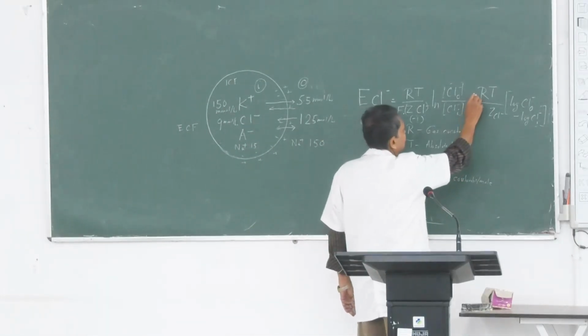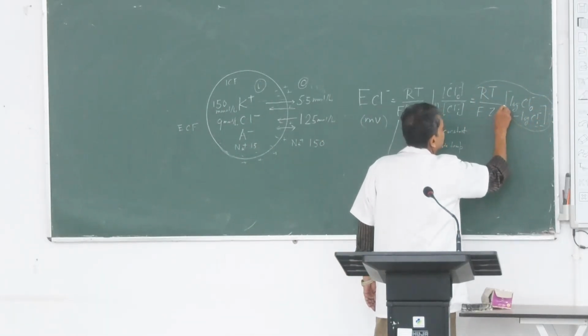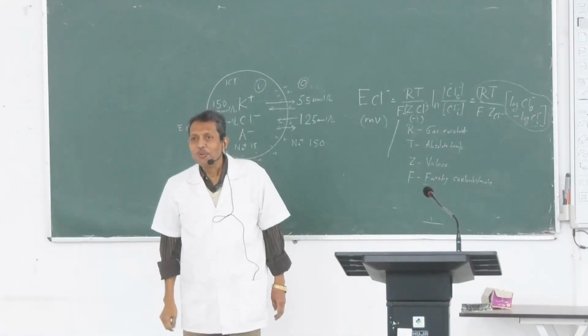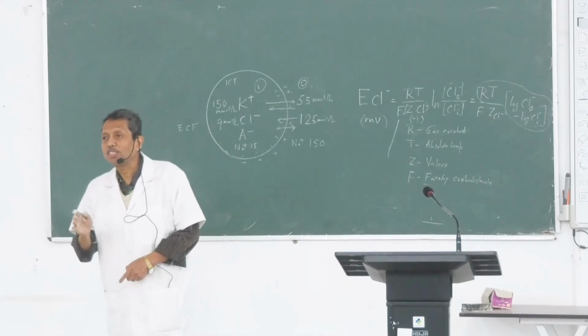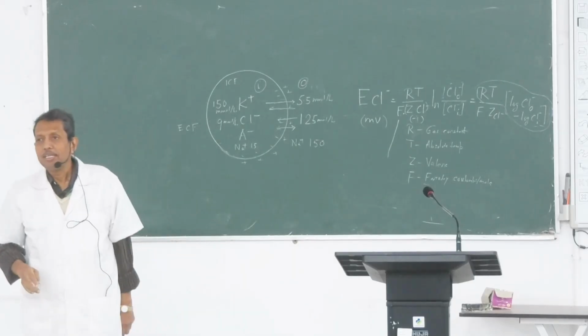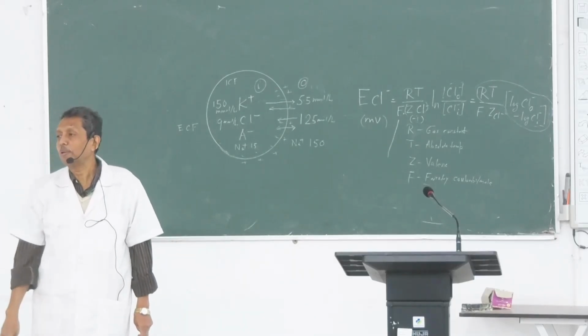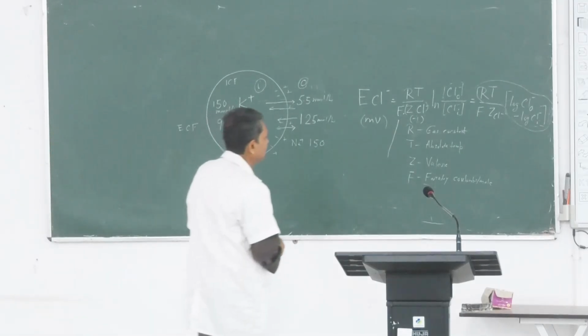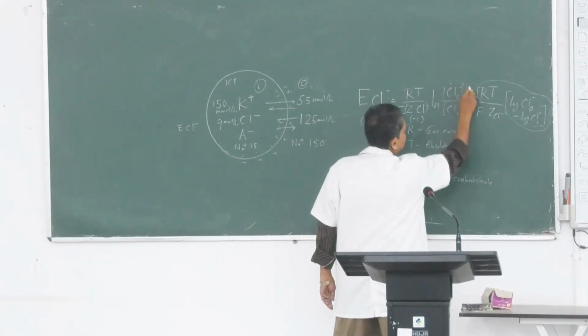This part is called the potential due to concentration difference, and the remaining part is due to the electrical difference.